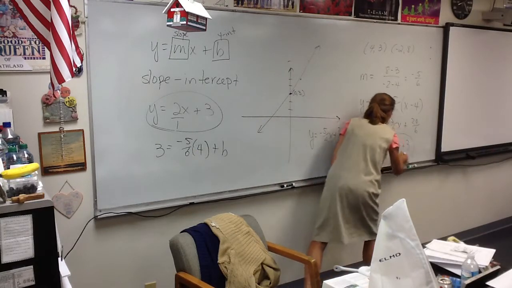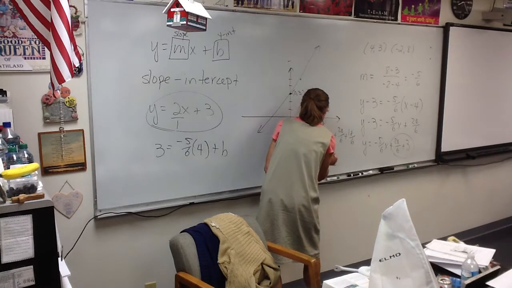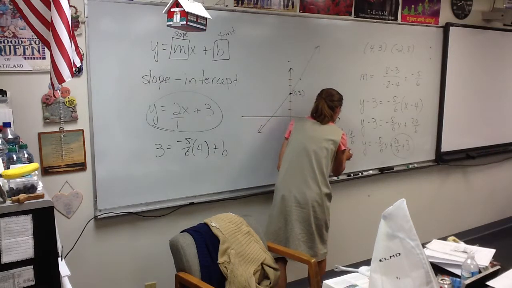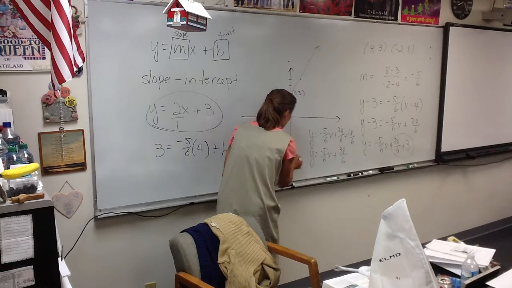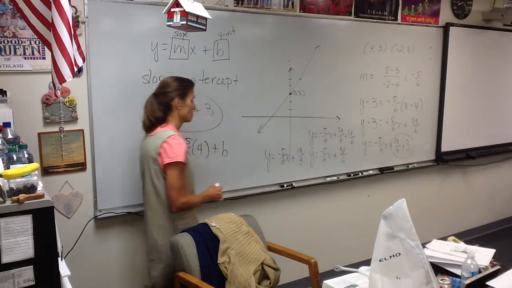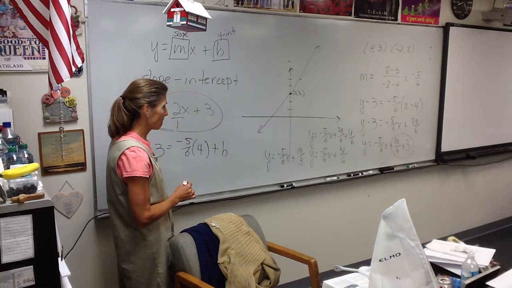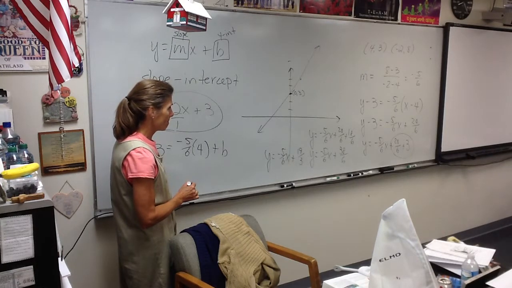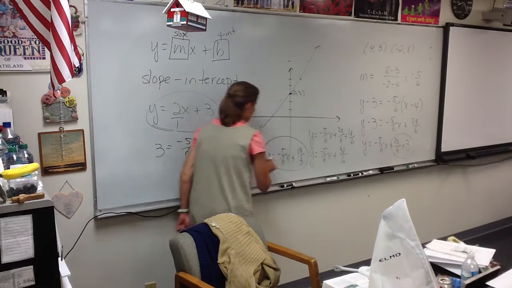In order to add these, I need a common denominator. Negative 5/6x plus 38/6, which reduces to negative 5/6x plus 19/3. Is all my arithmetic okay? Yeah. There's our answer.